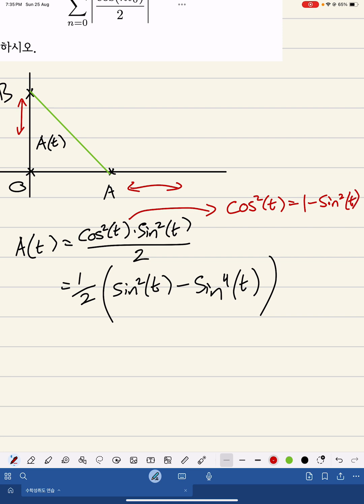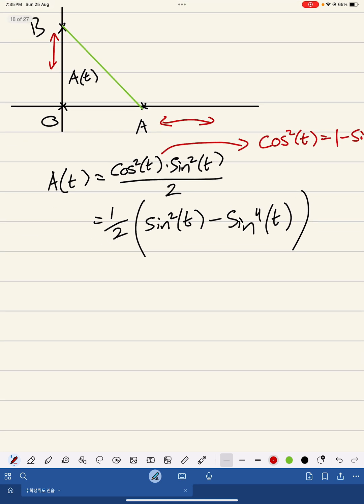If we multiply that out, that's sine squared of t minus sine to the 4th of t. I think you can use the double angle approach here as well, but I'll just do it this way. That is the area as a function of t.